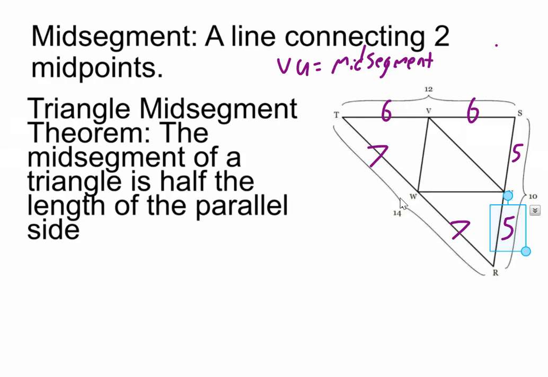So I can find what VU is because it's parallel to this side of TR, and that's going to make VU 7. It's half of the parallel side. WU is going to be 6, and VW is going to be 5.